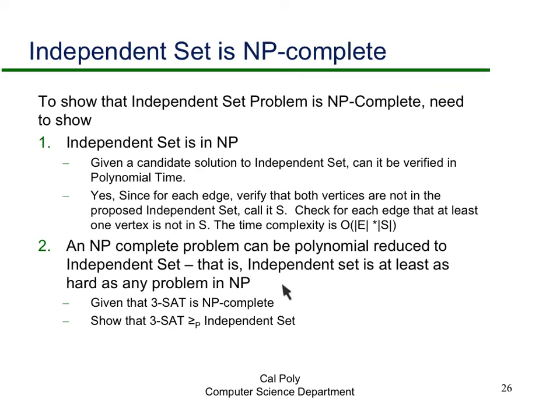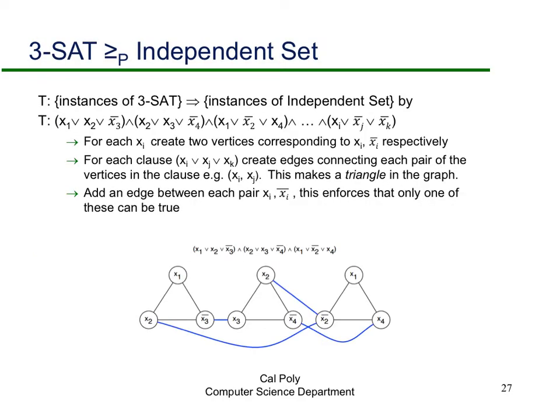The second step is the hard step. So we need to show that some NP complete problem can be reduced to independent set. We're going to choose 3SAT to do that. So we know that 3SAT is NP complete, and now what we have to do is show that it's polynomial reducible to independent set. So what we need is a mapping T from instances of 3SAT into instances of independent set.